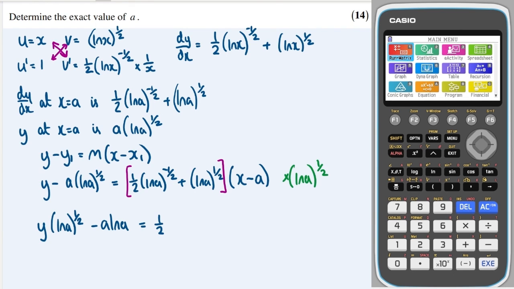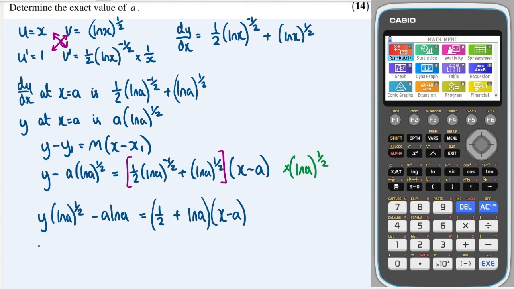So it's just a half. And then here we have plus, and the ln a to the half times ln a to the half is just a ln a. Great. And let's bracket that up and then multiply that through by x minus a. We don't need to times it through by the x minus a because we've already multiplied that term through by multiplying through by that purple bracket. Okay.